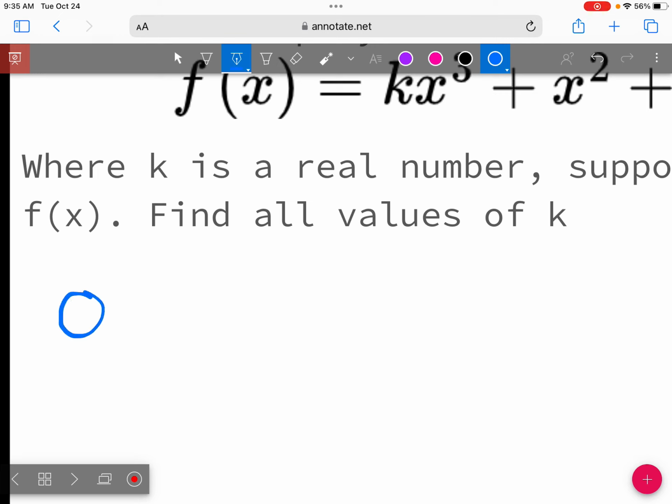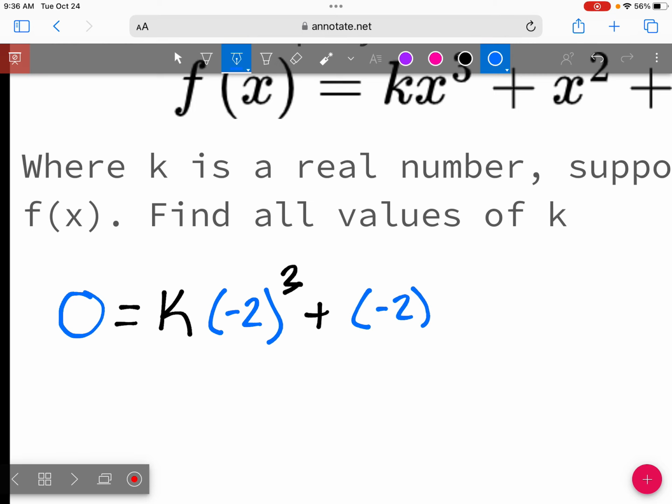So 0 is my f of x. K times negative 2 cubed. Plus negative 2 squared.